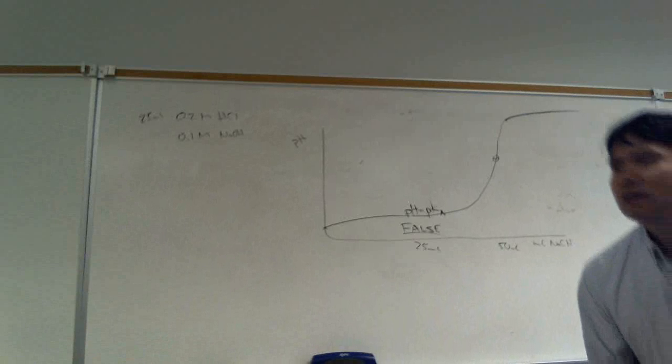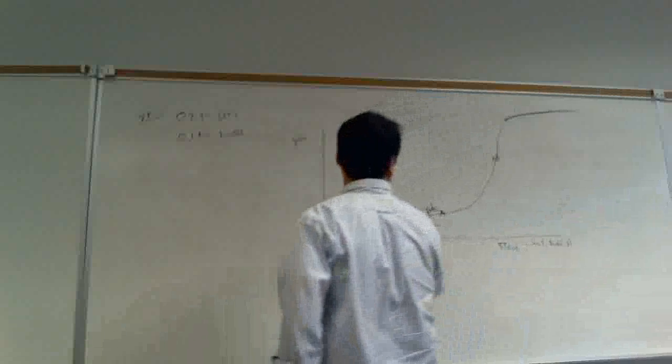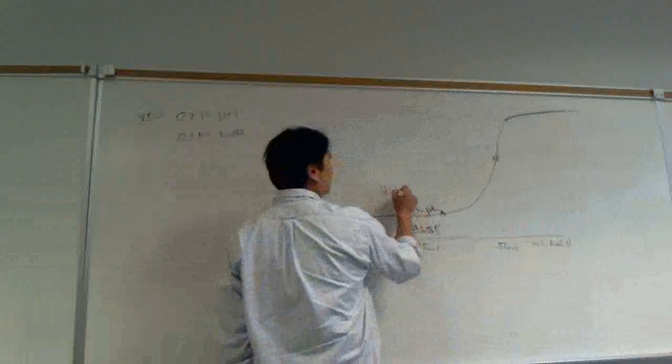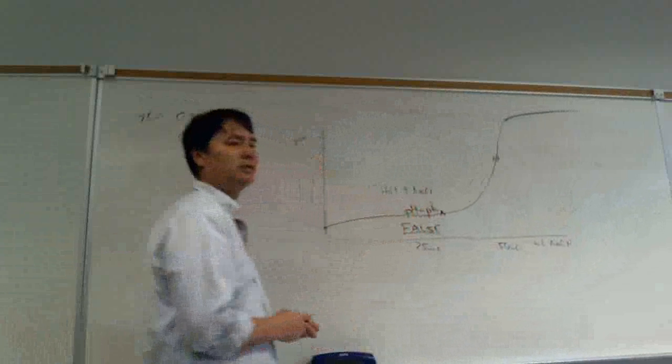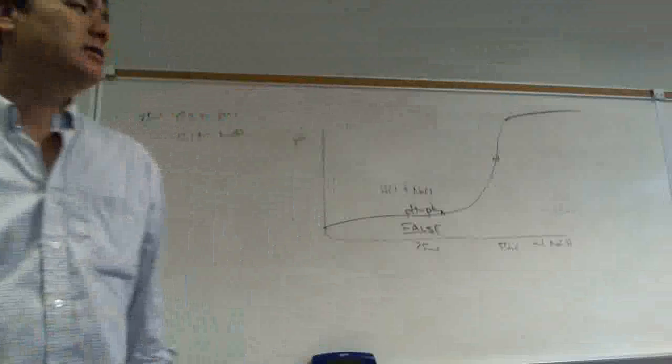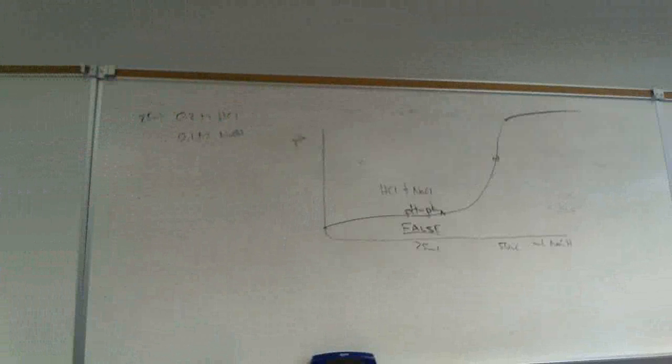Because this is where we have HCl and sodium chloride. Is HCl and sodium chloride considered a buffer solution? No, HCl and sodium chloride is not a buffer solution. So the pH is not equal to the pKa here.